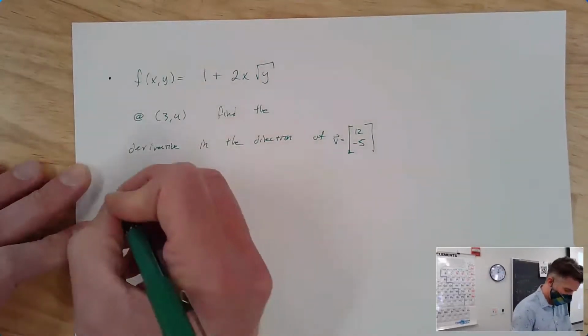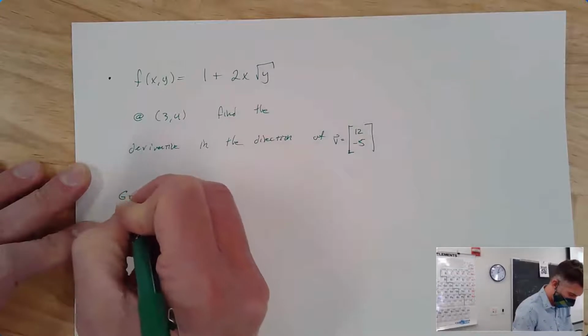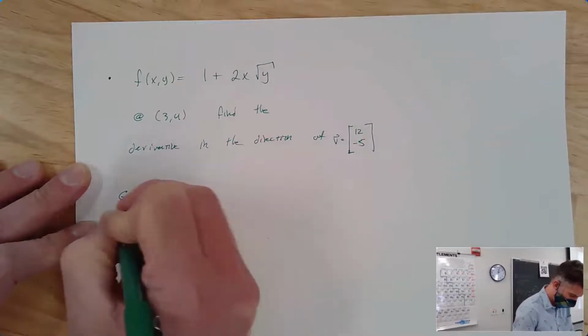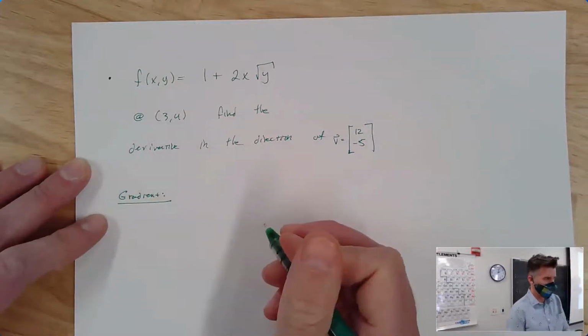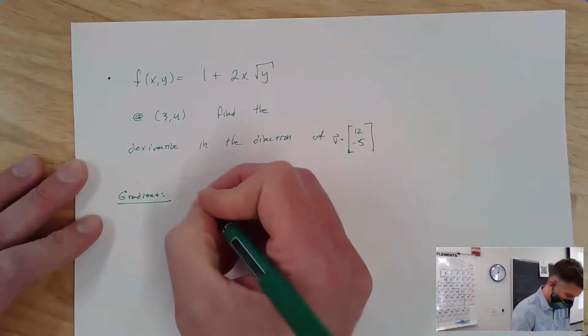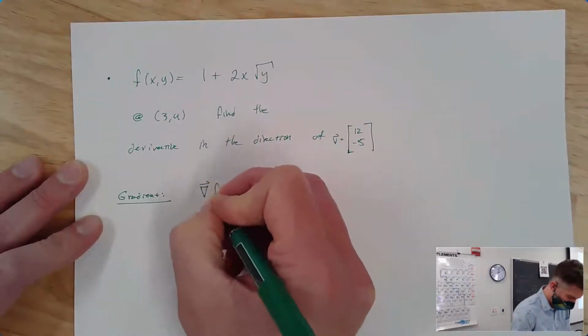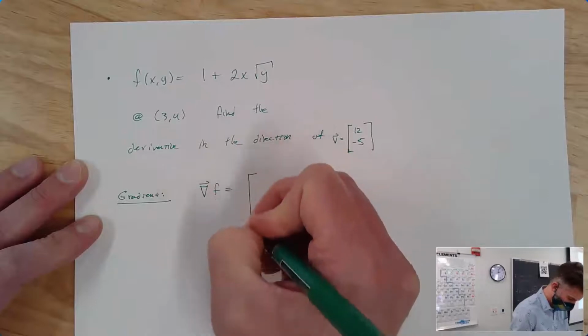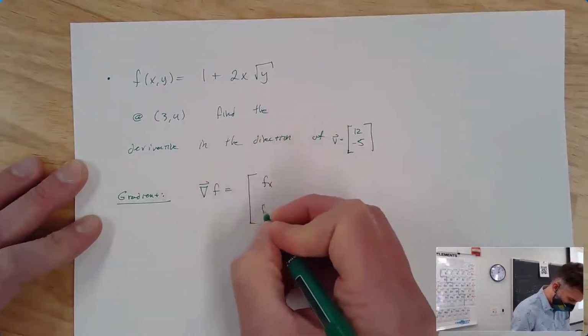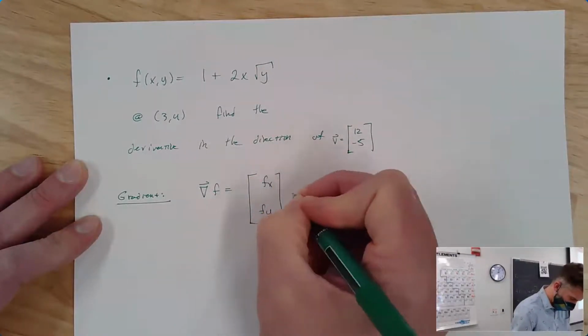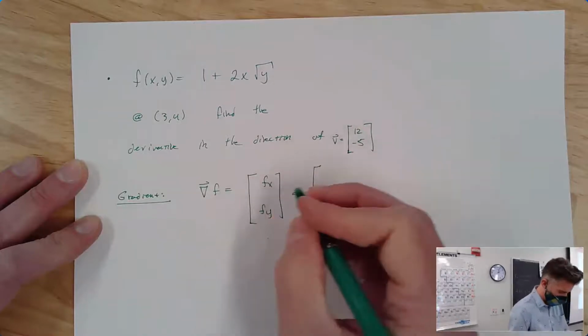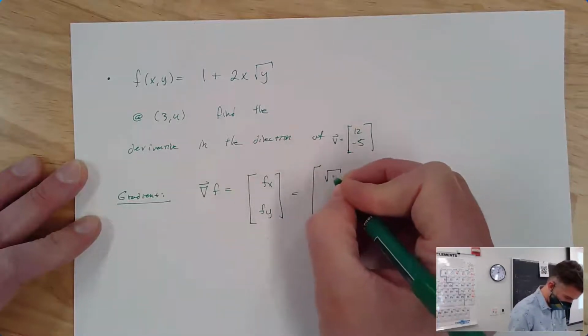So let's first find the gradient. And then we're going to talk about what the gradient really is. So a gradient is a vector of partial derivatives. The partial with respect to x is going to be just the square root of y.